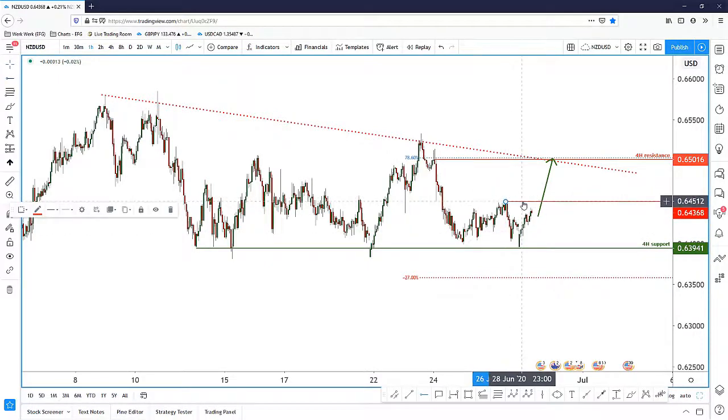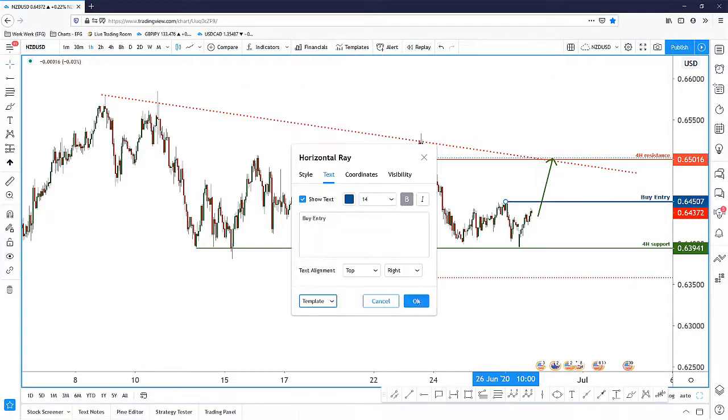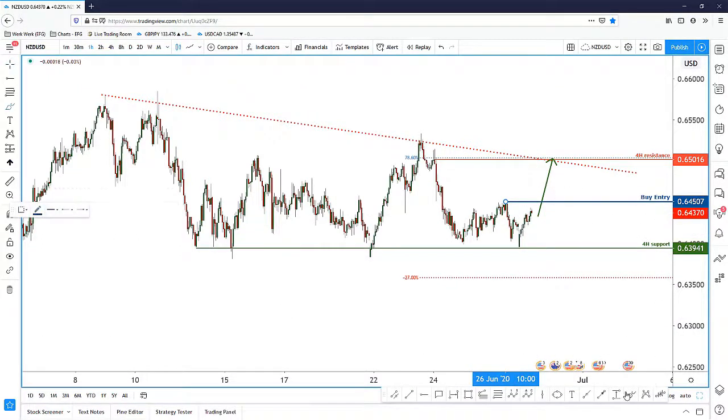One is for the really low risk people, where you want to wait for confirmation. Then you wait for price to break above this high. And once price is above this high, you can enter the trade and just play a short push up towards the 4-hour resistance. Now, for those who want a higher risk entry, what you can do is wait for price to come back to the 4-hour support.